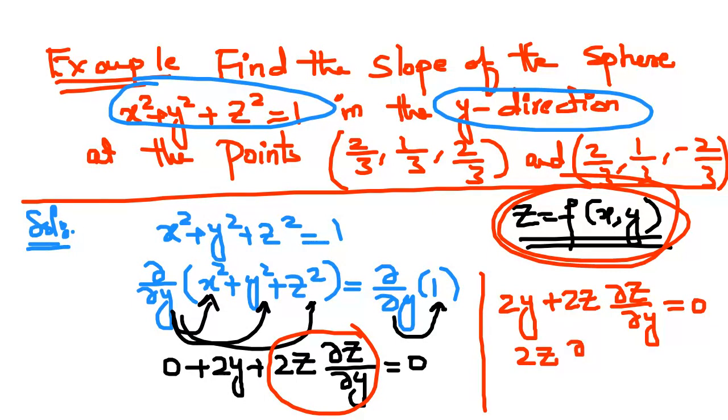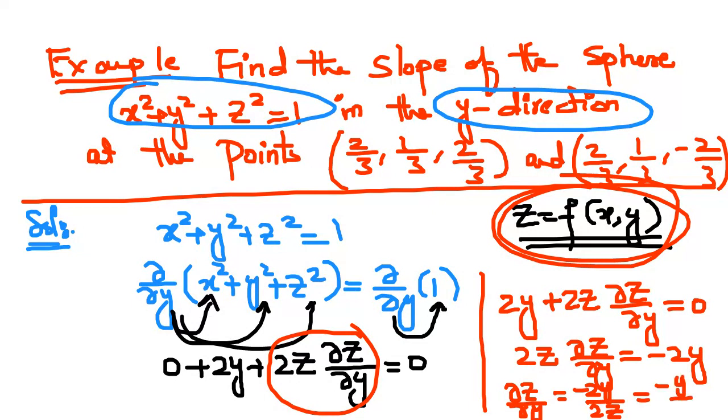Partial z over partial y is equal to minus 2y over 2z, that is equal to minus y over z.